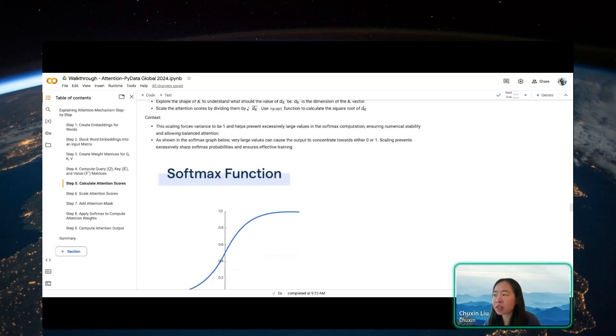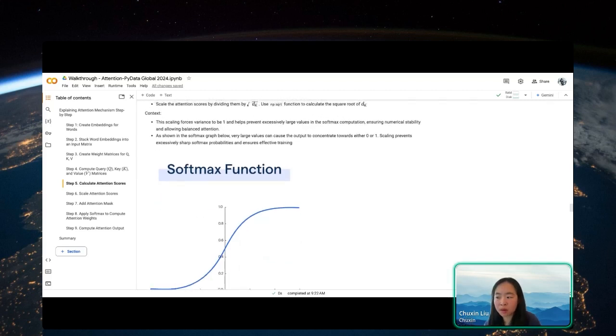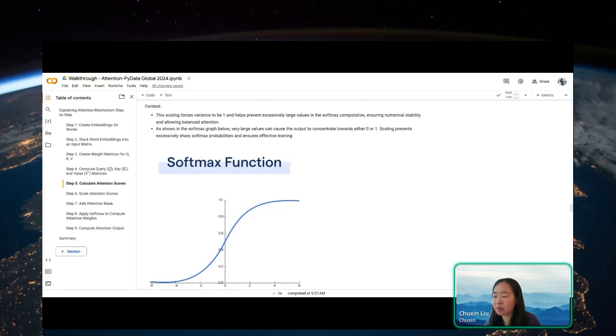The reason we scale is we want to push the numbers smaller so that they get to the middle of the softmax function. If we have a very large number and we apply the softmax function, you end up at a number that is very close to 1 or very close to 0. And we don't really want that. We want to push the numbers into the middle to have more variance in the probabilities.